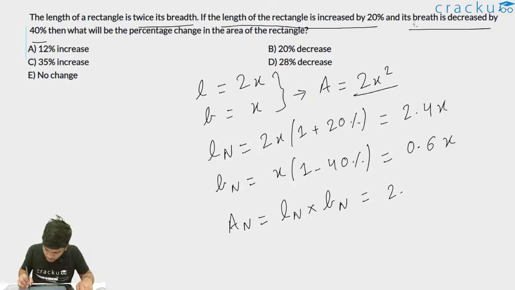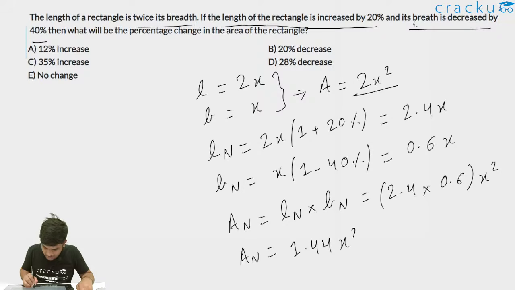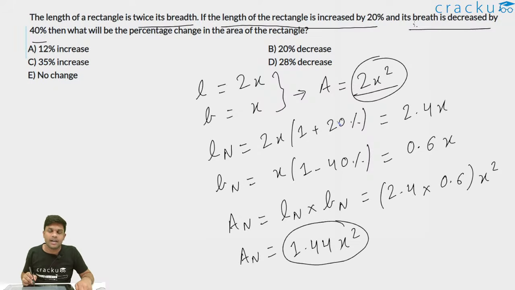So it will be 2.4 into 0.6 x square. So new area will be 2.4 into 0.6, which is nothing but 1.44 x square.